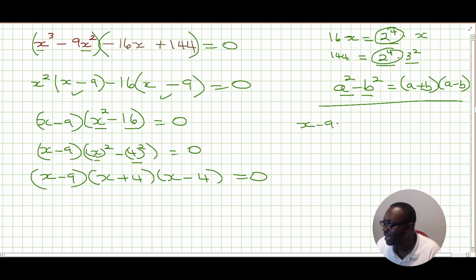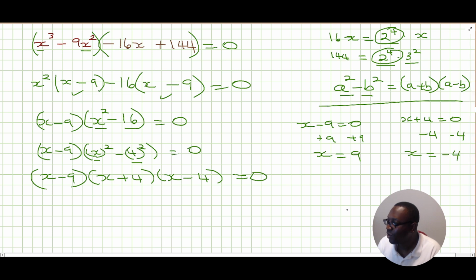X minus 9 equal to 0, plus 9 plus 9, x equal to 9. x plus 4 equal to 0, minus 4, x equal to negative 4. And then x minus 4 equal to 0, plus 4, x equal to plus 4.